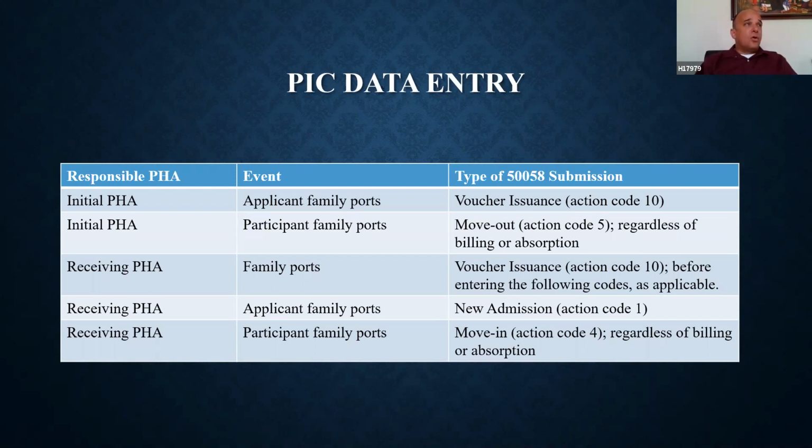That family would not have already received assistance. So the initial PHA will issue a voucher issuance code, but the receiving PHA in that case will have to do a new admission. There won't be a portability move out for them to do a subsequent portability move in.